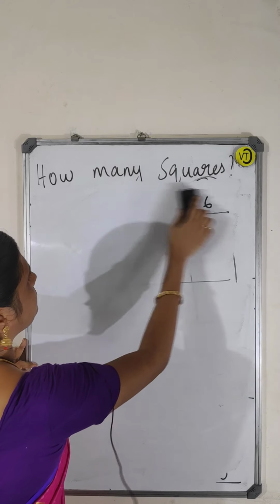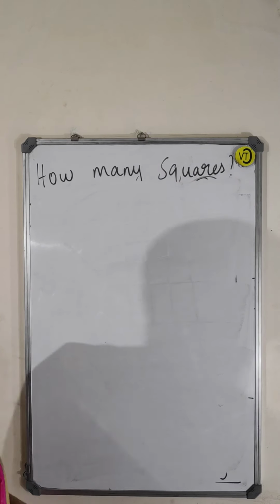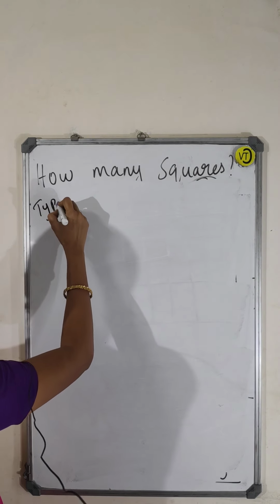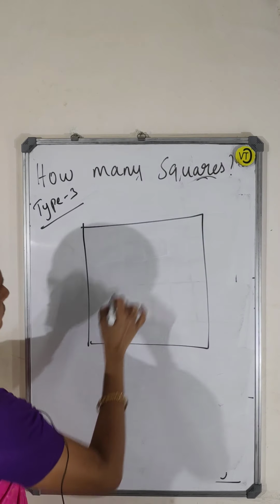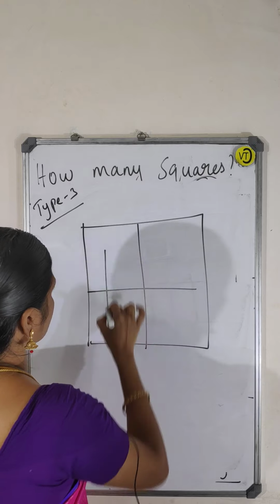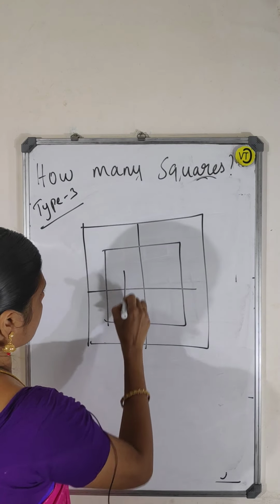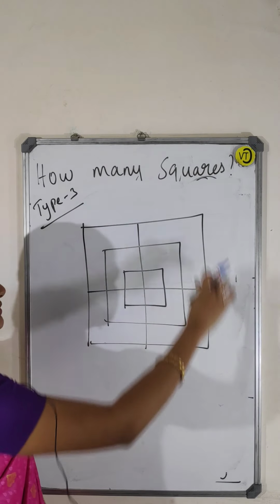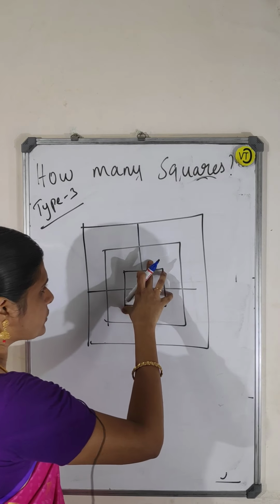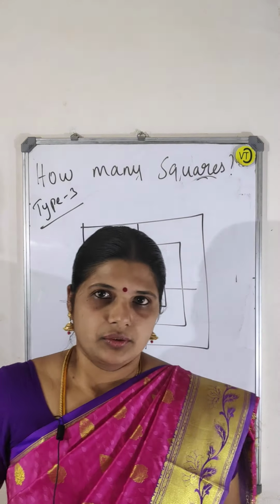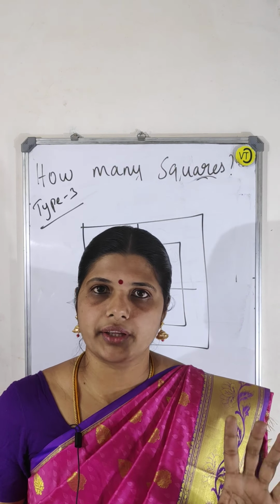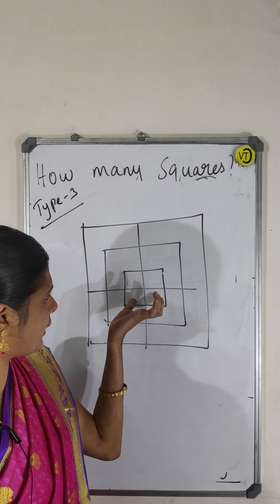Okay. Type 3 is this way. Inside one square, again one inside one square, again one inside one square. This way it is. Okay, take the first type only. This is the first small square, first of all you take it.